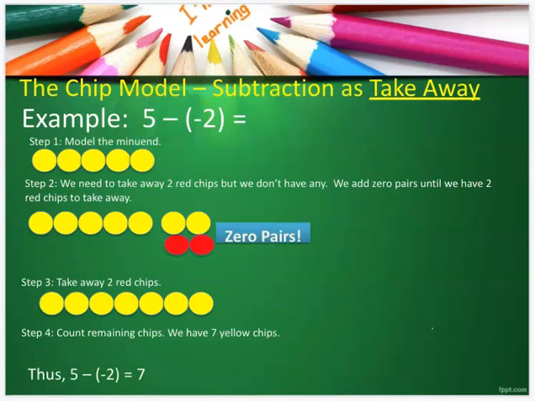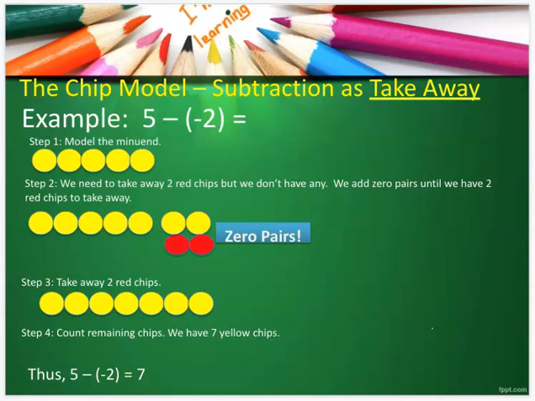All right, so 5 take away negative 2. So first I'm going to model the minuend. I want to take away 2 red chips, but I don't have any red chips to take away. So what can I do? Well, I can add 0 pairs like we did at the very beginning of integers, because I know if I add 0 pairs, I haven't changed the value of that positive 5.